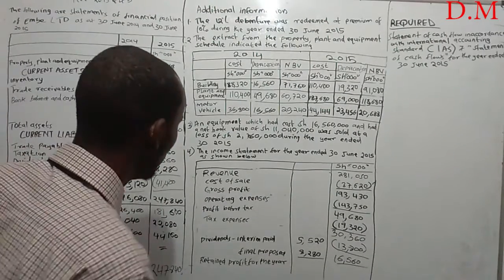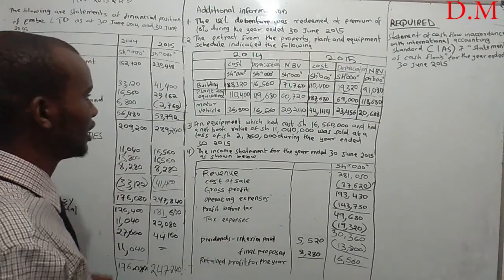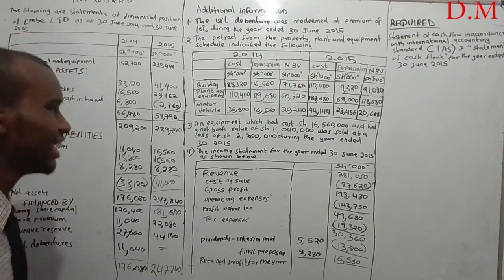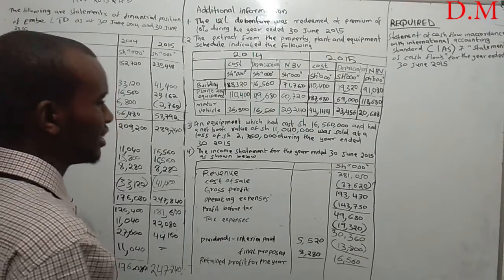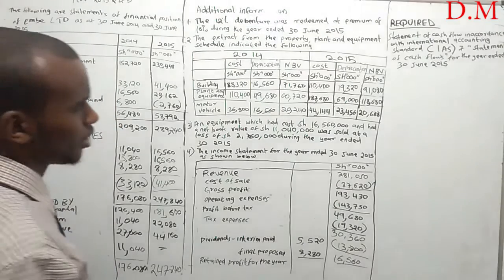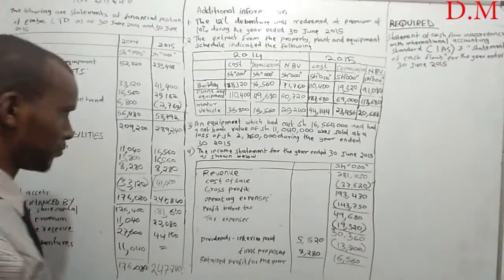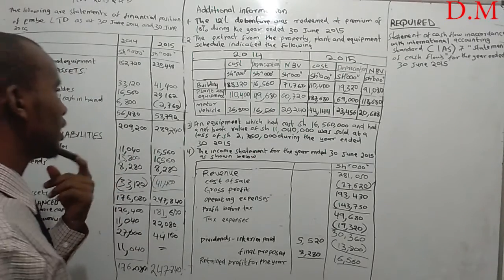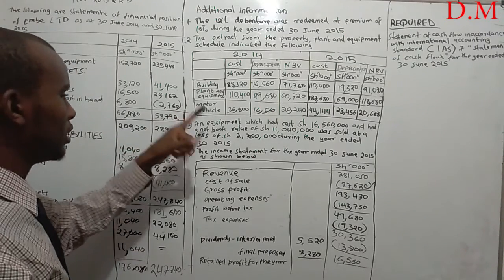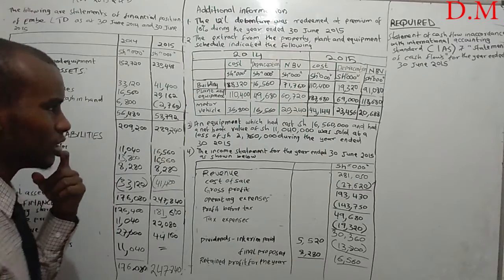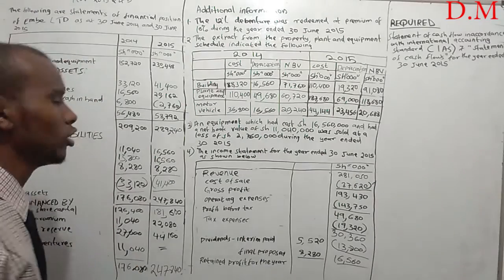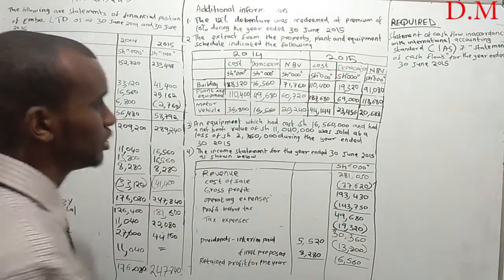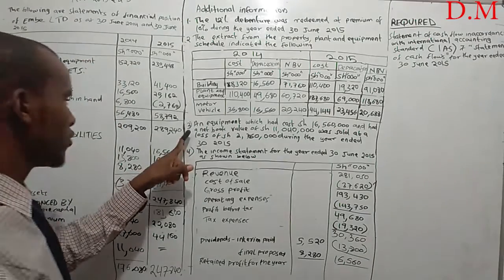Plant and equipment 2014, cost 110,400, 49,680, 60,720. 2015, 187,680, 69,118,680. Motor vehicle 36,800, 16,560, 22,40, 44,144, 23,456, 26,88.